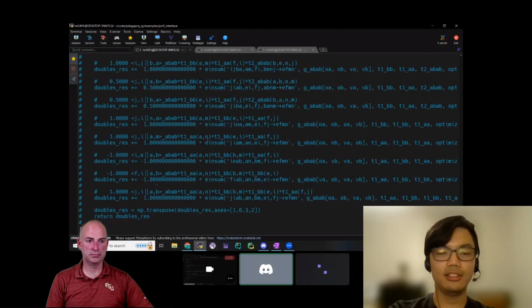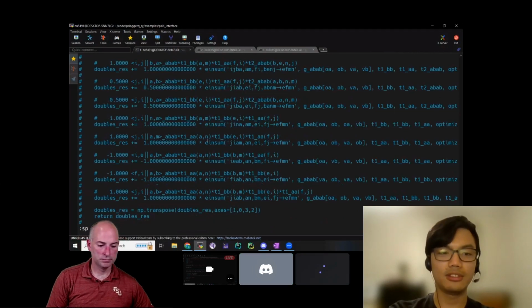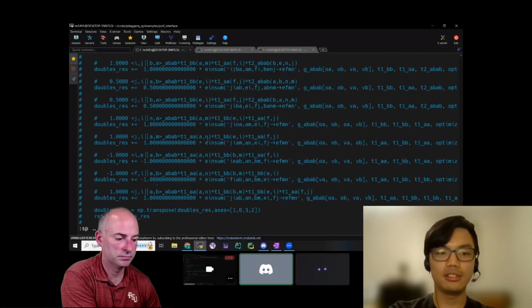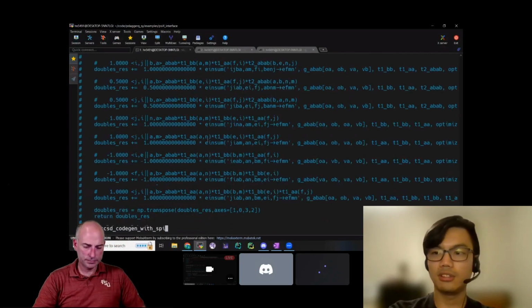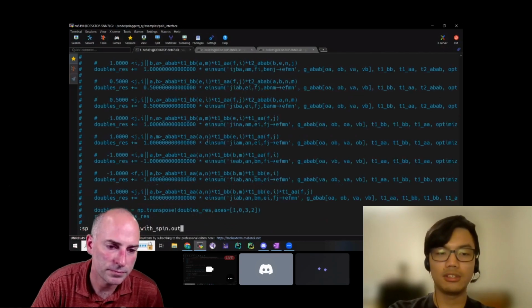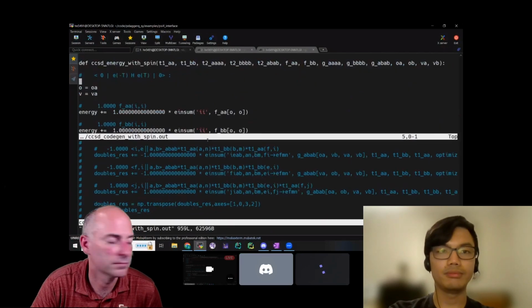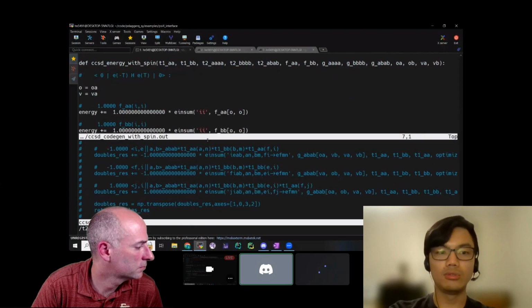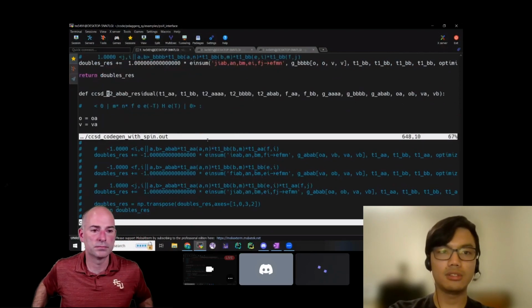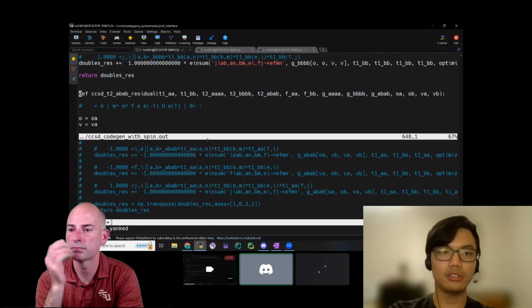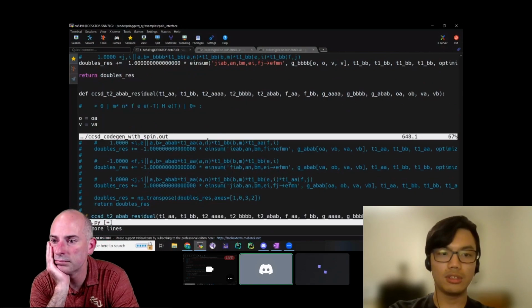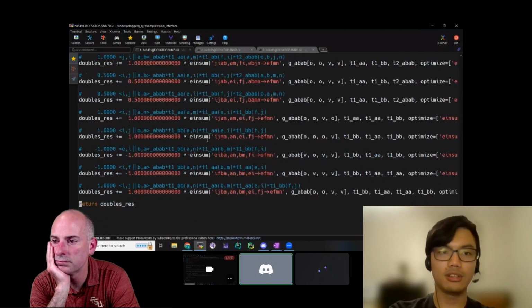And then I'm gonna copy CSV code gen. T2 AB rest. Right, then I think this is the last function. So I can just copy that. Okay, nice.